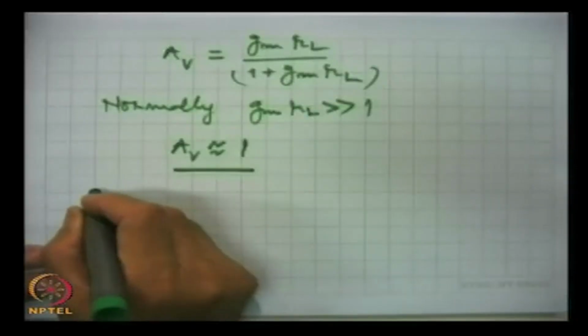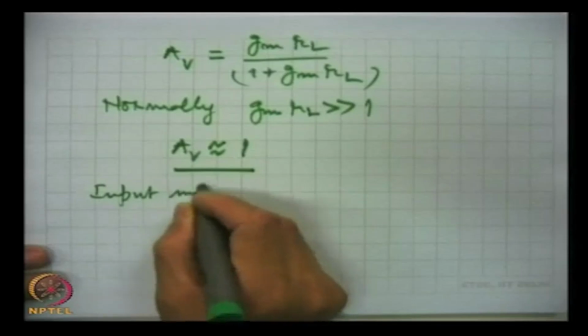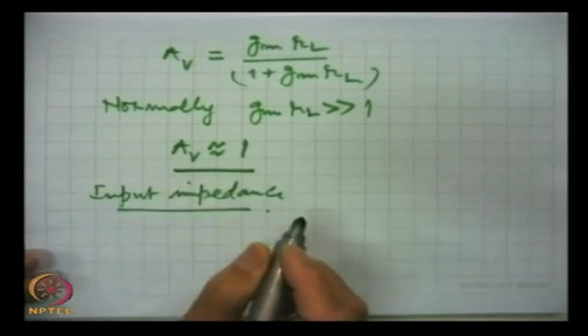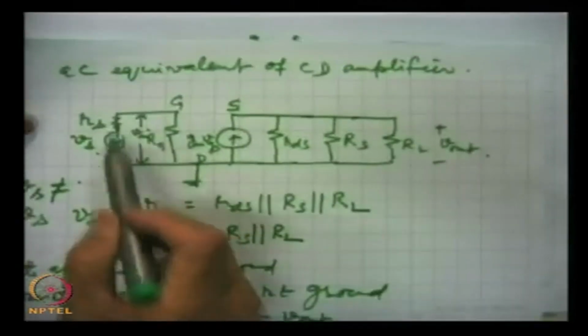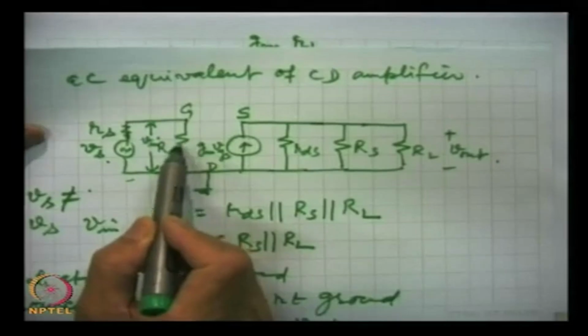The input impedance, when we measure, because this resistance is normally very small as compared to Rg.